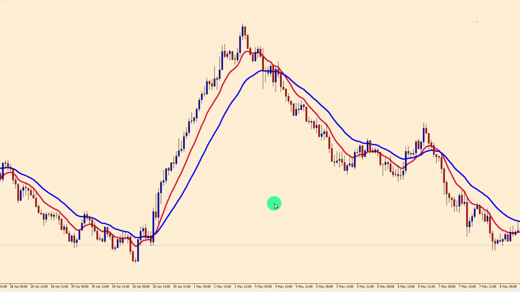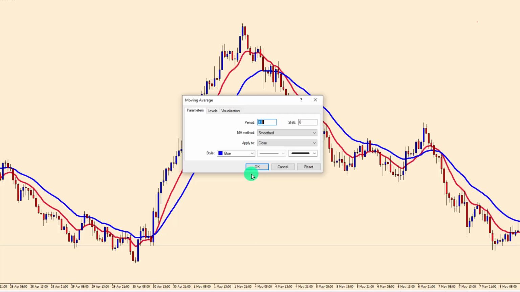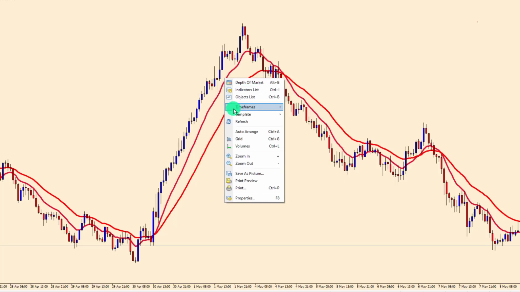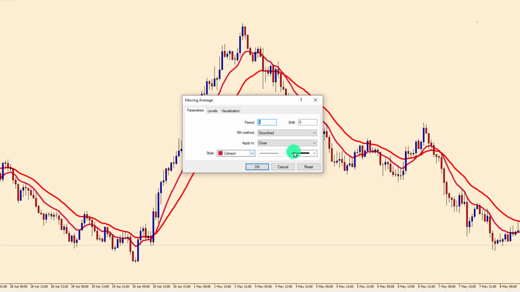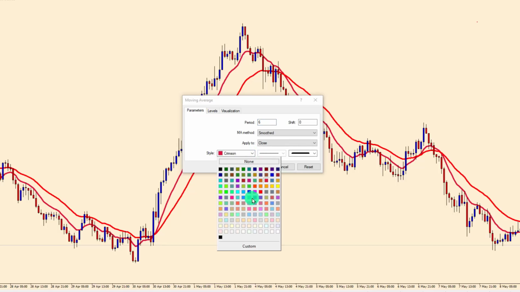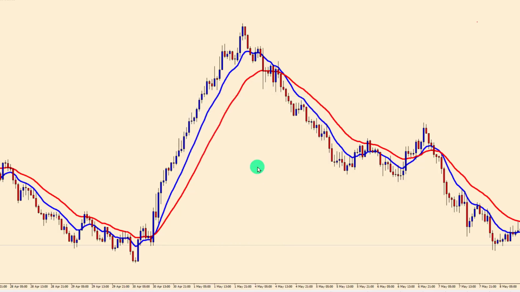Now you can do it the other way round. You can reverse the role of the slow MA. So I'm going to make that blue. Now in the settings, you say to the EA that the red is now the trend MA and the blue is the filter MA.